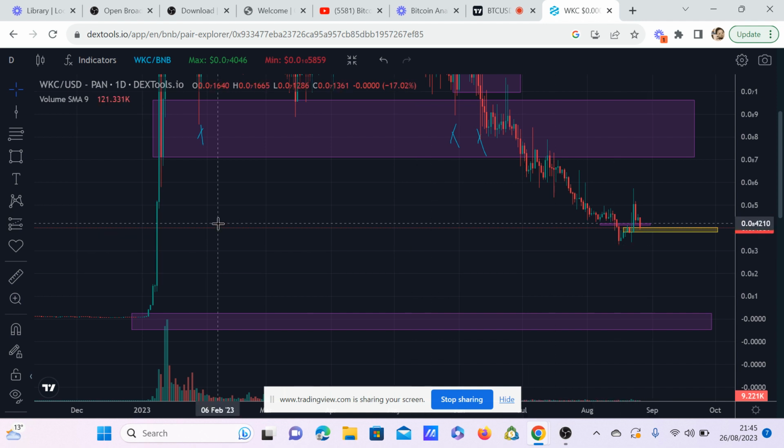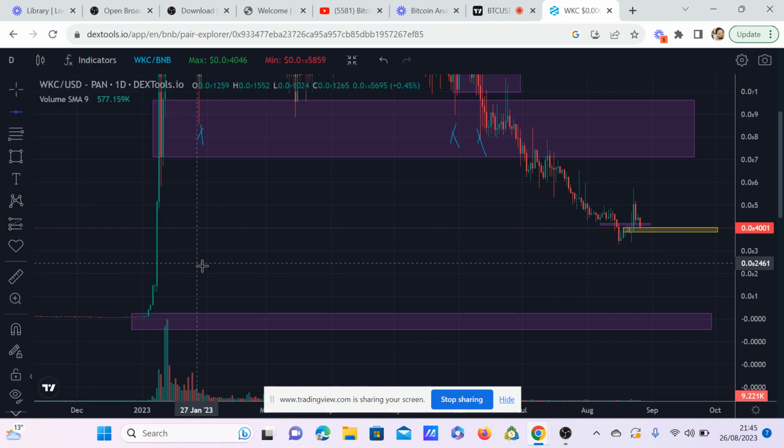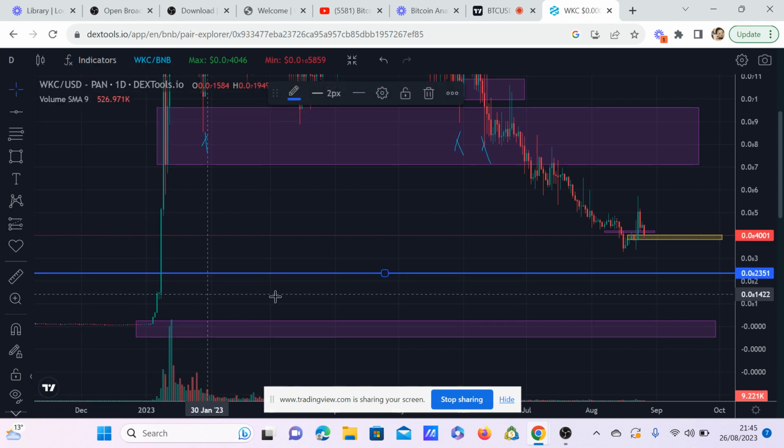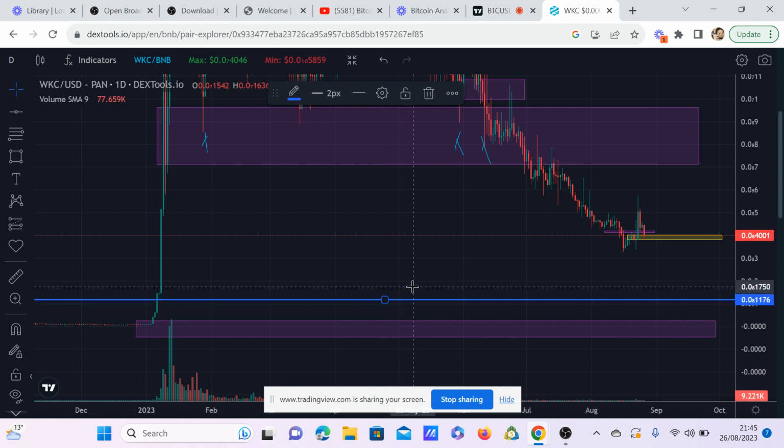So the next level, let me use our horizontal line for us to appreciate the prices or the levels the market is likely to go. There are stops here, so obviously the market is likely to come to this level.